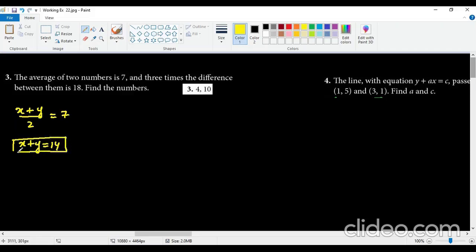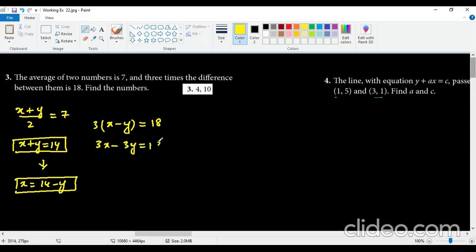The second equation says 3 times the difference between them. That means the difference is x minus y, and 3 times means multiply by 3, equal to 18. Now I know very well that x is equal to 14 minus y. This is the value of x. Now I'll substitute this into the equation, but before that I'll expand this bracket. 3x minus 3y equals 18.